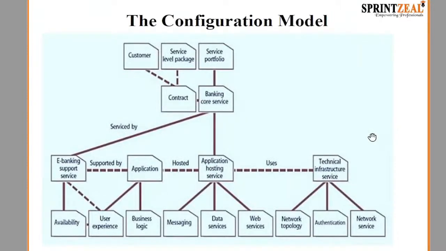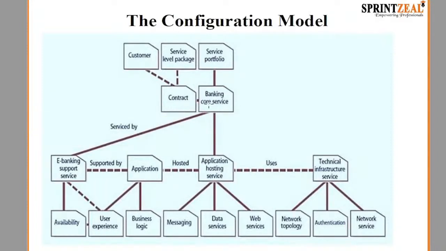Okay, configuration model. So if we're thinking about an organization as a whole, this model helps us to better understand what could be a CI. So you start here with your customer, your service level package, and the service portfolio. The customer signs a contract, and that contract contains information on the service level package. So that contract itself can be a configuration item.